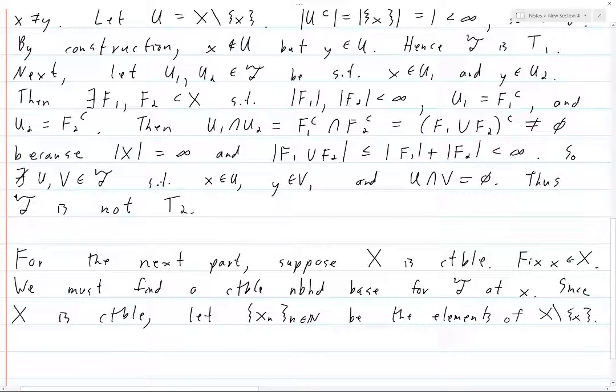So the set X contains the point x and then x1, x2, x3, x4, etc. So let Vn be X, but we remove the first. Vn is going to be, we take X and then we remove x1 through xn. So X set minus the union from i equals 1 to n of {xi}.